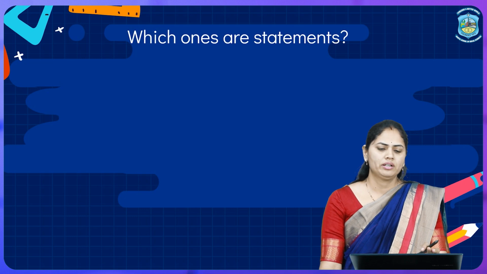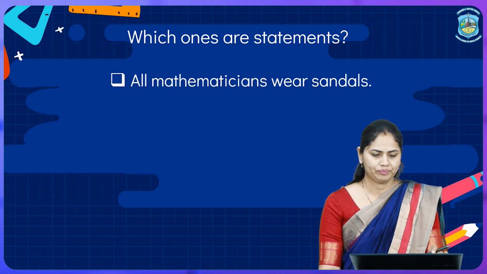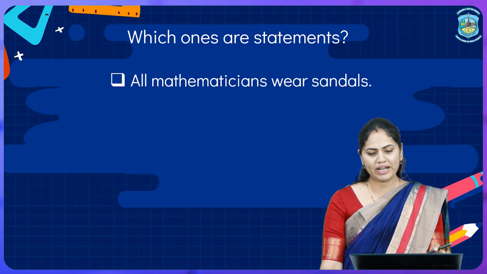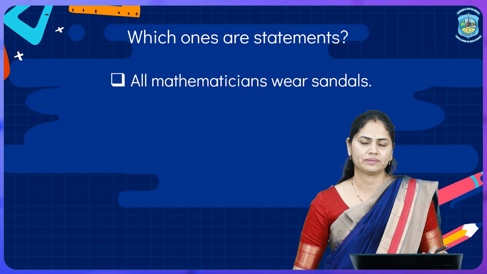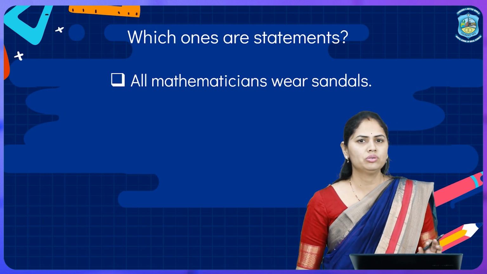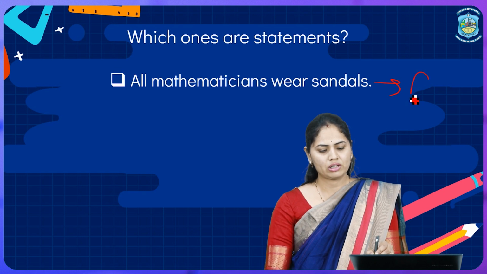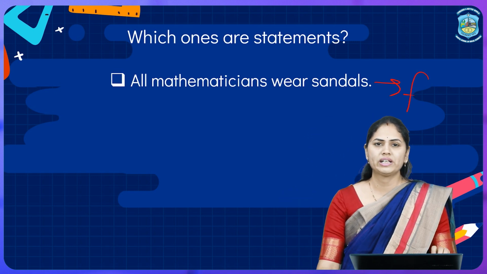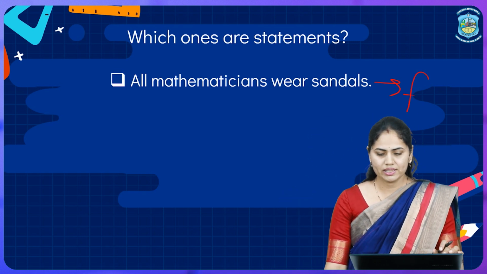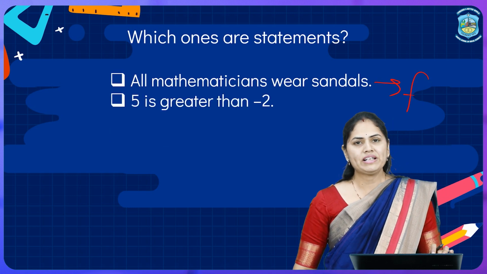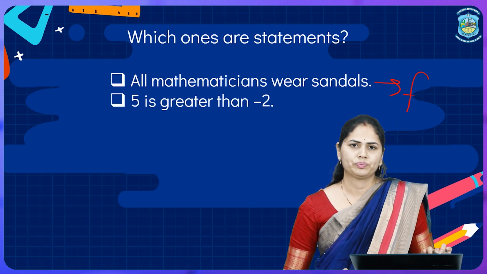Now, which ones are statements? All mathematicians wear sandals. Now, what is the truth value of this statement? Its truth value is false. So, this is a statement. 5 is greater than minus 2.